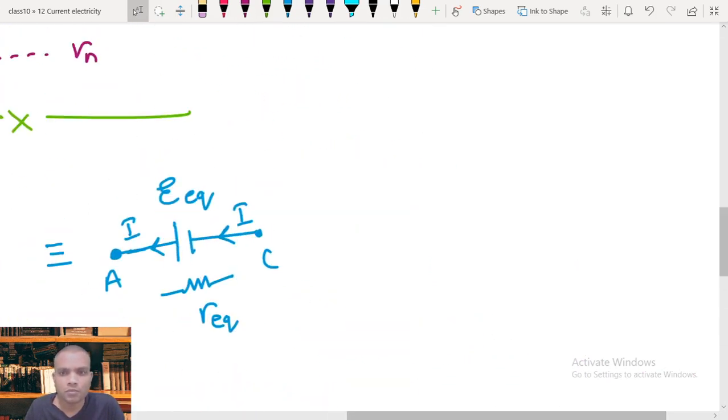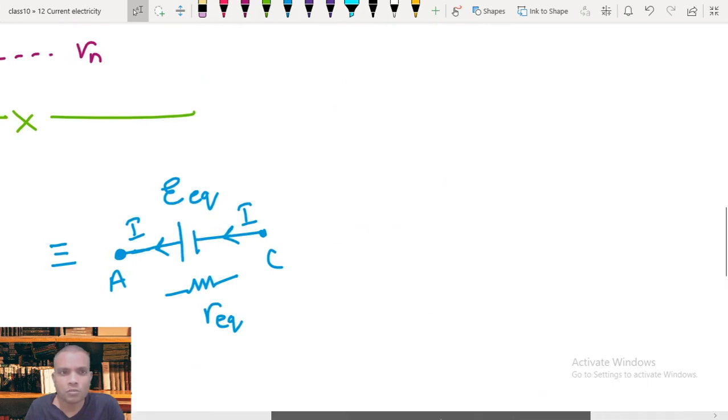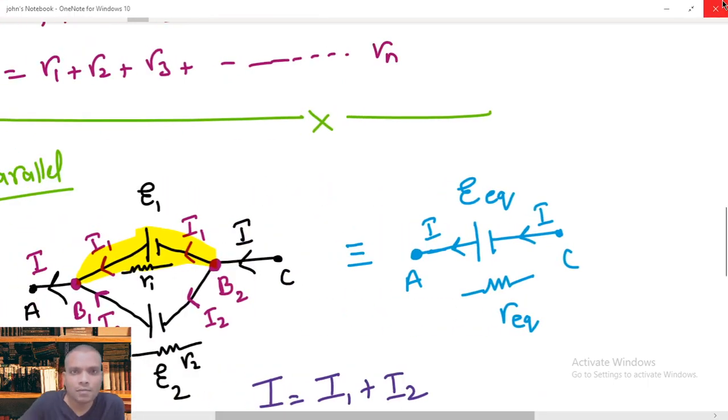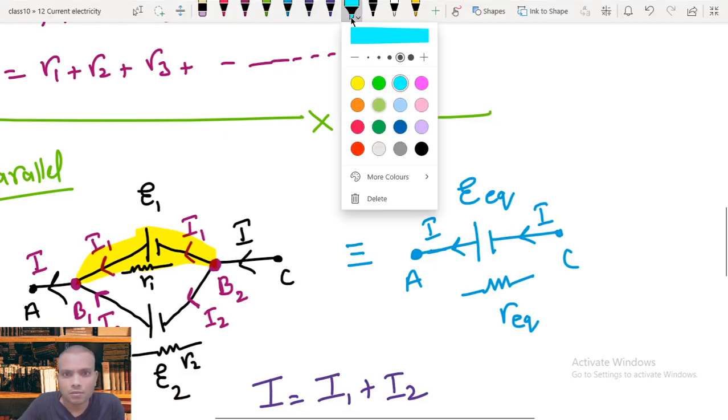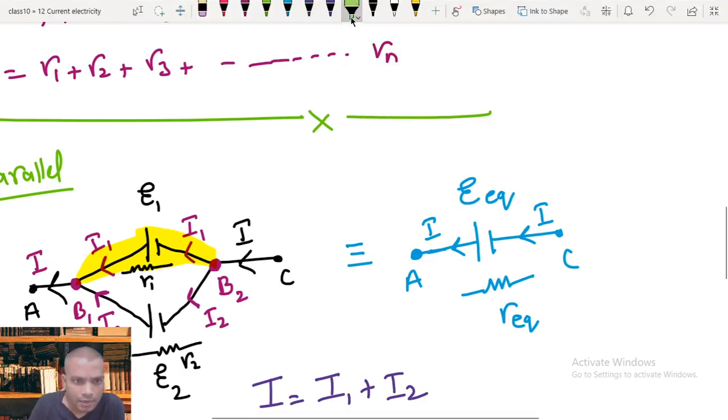It means if I connect a voltmeter across the second cell, what potential difference does the voltmeter show?